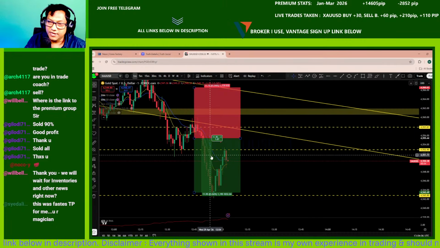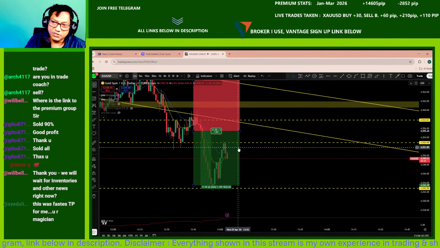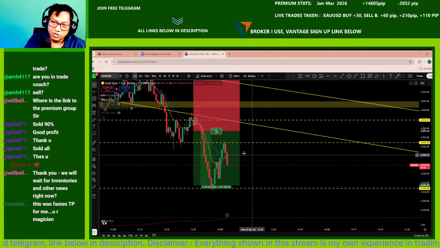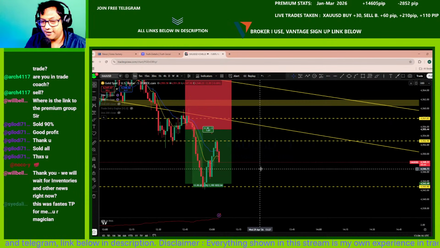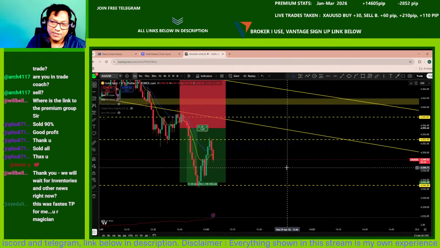So here the market, if you look at the support and resistance, is now breaking that low here. Once the market creates a clean market structure, we can look for our next trading entry in that area.